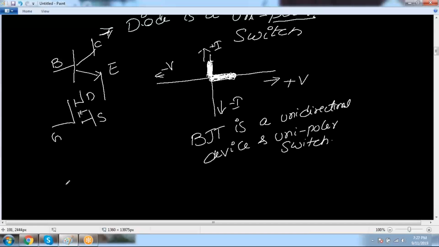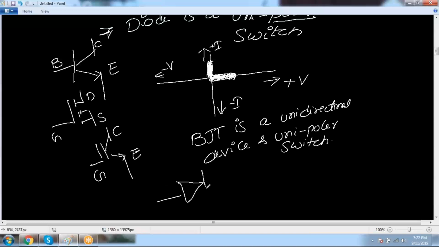After some time, I'm going to discuss the IGBT. IGBT is also, I'll get characteristics like this. That is, it is gate, collector, emitter. The characteristics are like this. Now, I'll tell you what this device is.